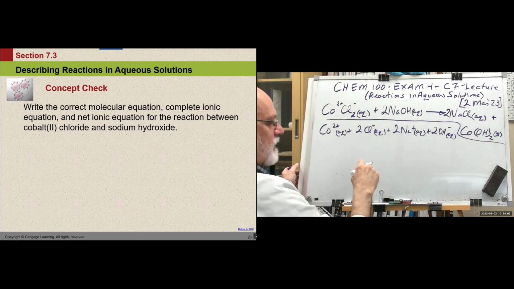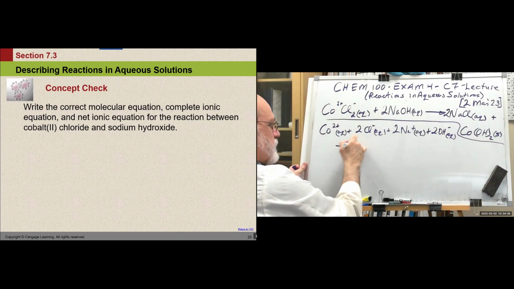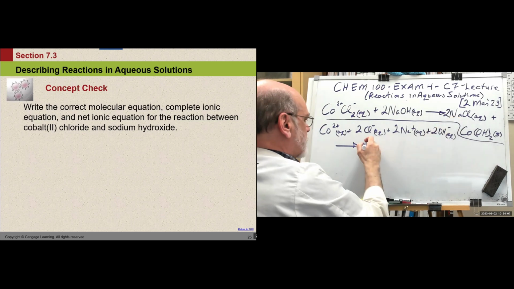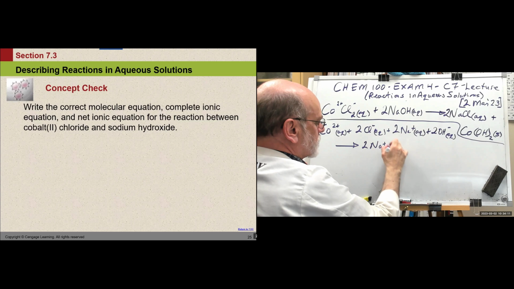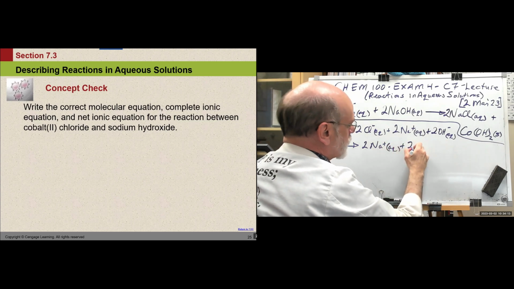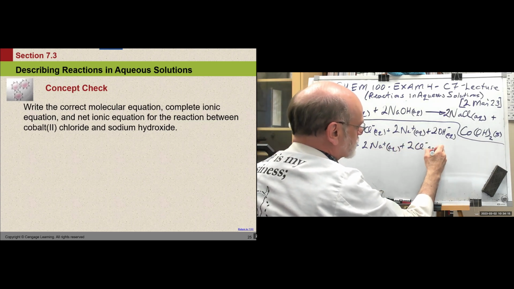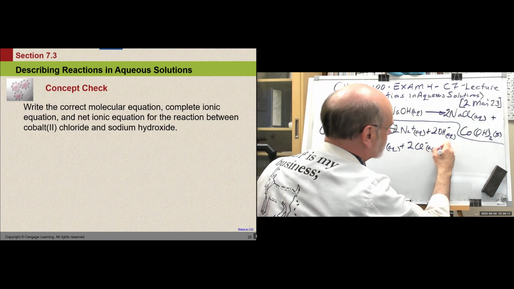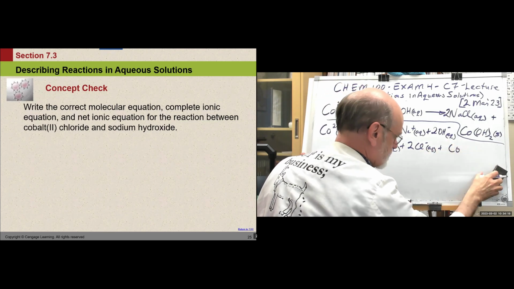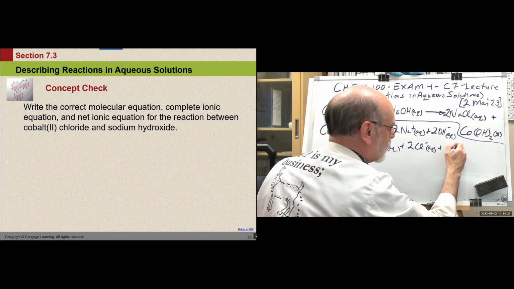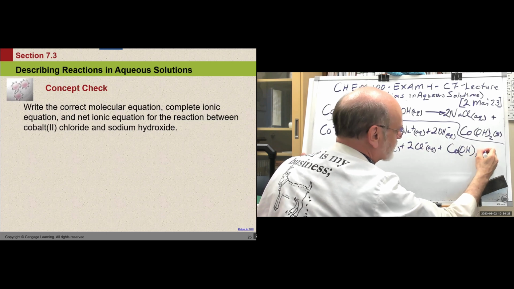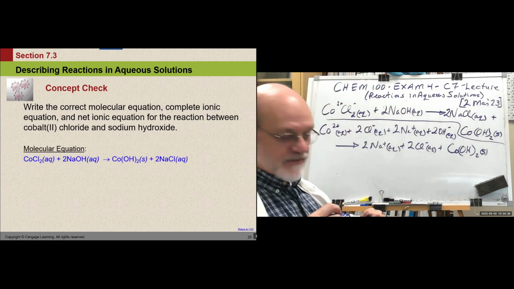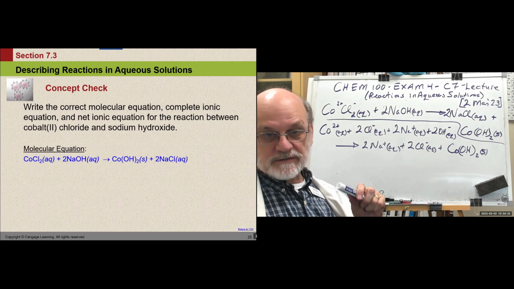There we go. And that yields 2 sodiums in aqueous solution, 2 chlorides in aqueous solution, and 1 cobalt hydroxide. Cobalt-2 hydroxide is solid.